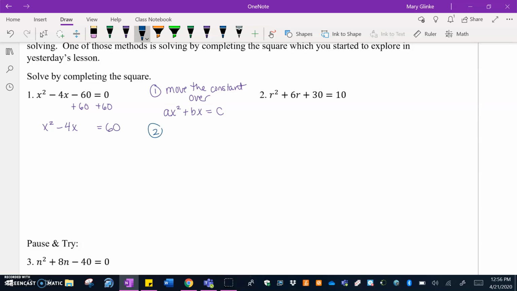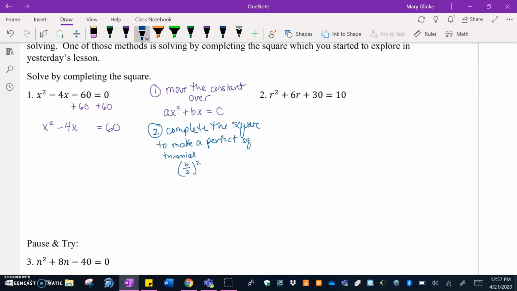And then step number 2 is we are going to complete the square to make a perfect square trinomial. So in order to do that, that's what we did yesterday. We're going to take b divided by 2 and we're going to square that.